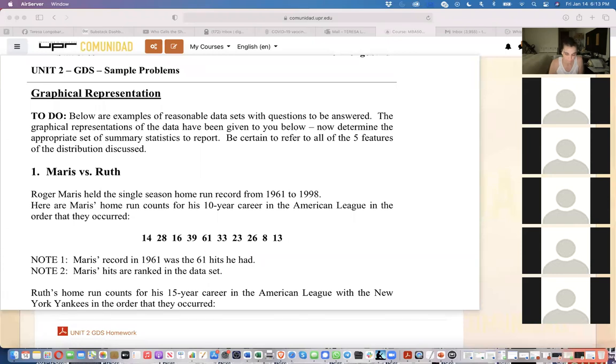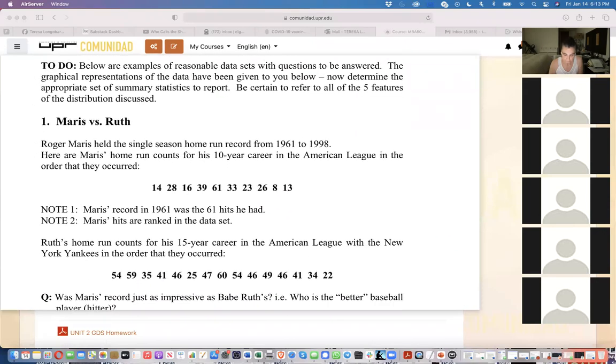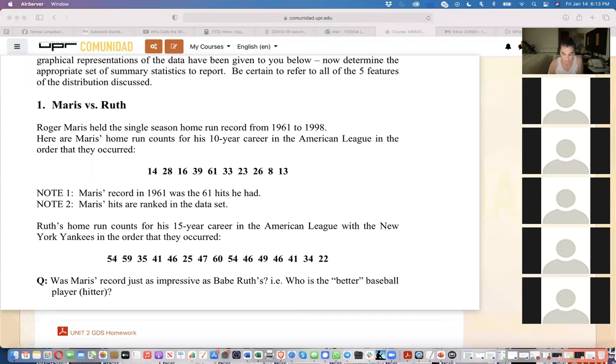While Babe Ruth had a longer career and held on to the record until Maris got 61 to beat him by just 1 home run.